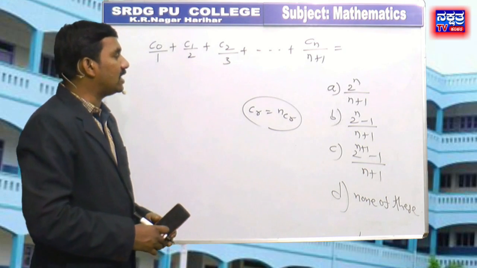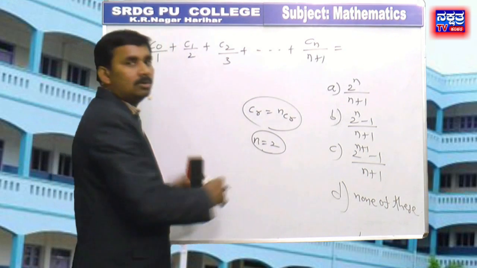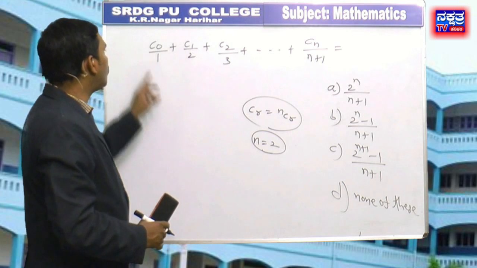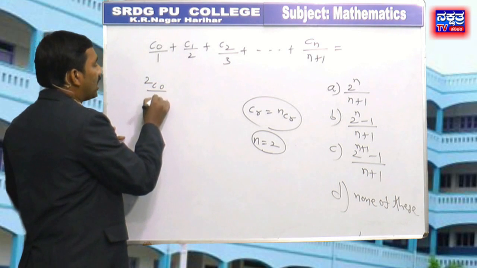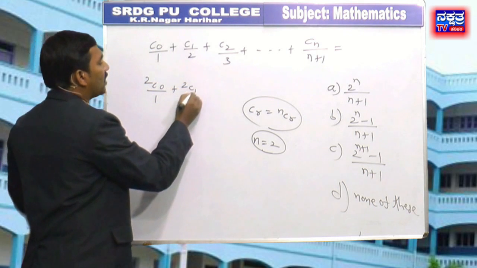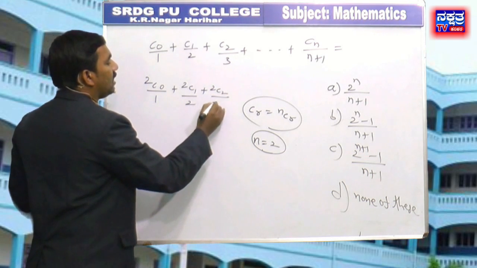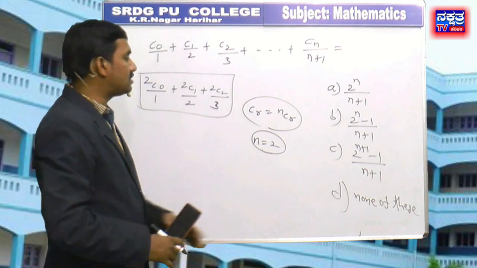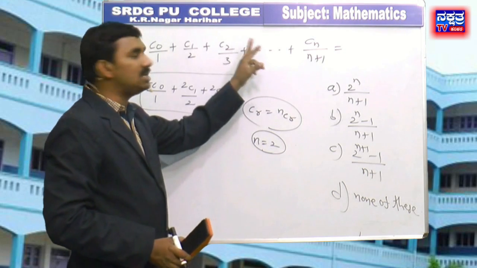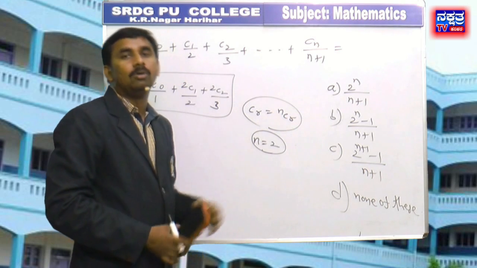So what is that verification? For minimum verification we have to consider n equal to 2. If you consider n equal to 2, it will become 2C0 by 1 plus 2C1 by 2 plus 2C2 by 3. Till here only we can consider the terms, because 2C3 we can't consider, since n is always greater than or equal to r.